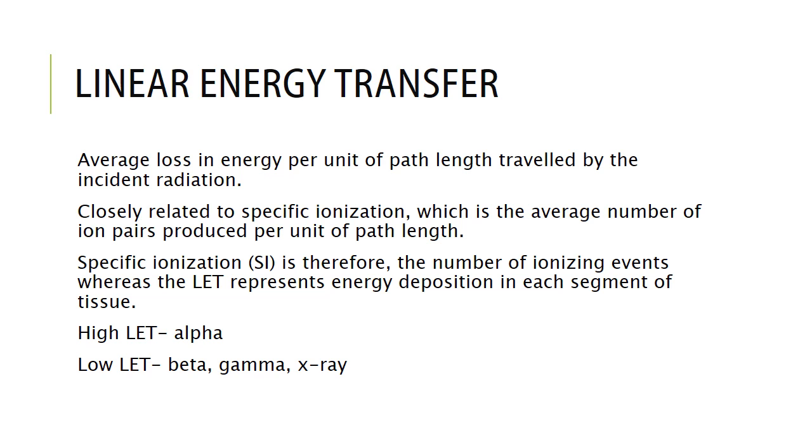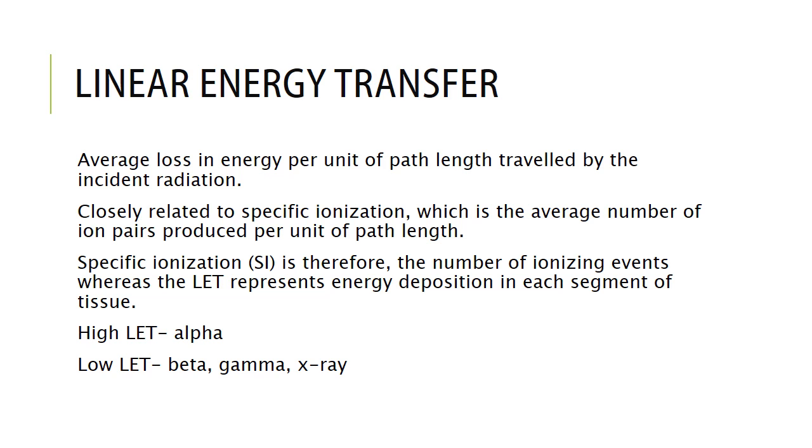I think the equation is linear energy transfer is equal to specific ionization times the W. Okay, so alpha particles are classified as having a very, very high linear energy transfer, and that makes sense, right?